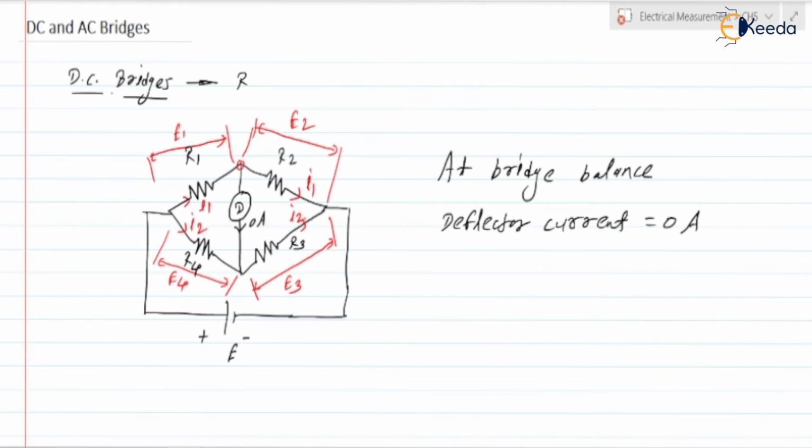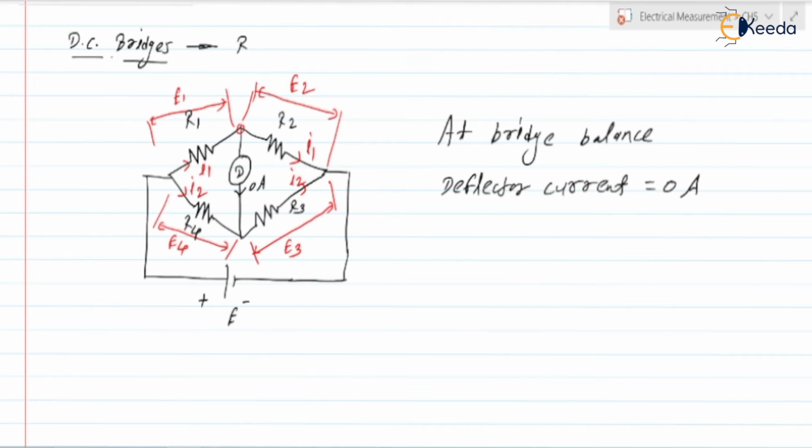Next, as deflector current is 0, what about the voltage across the deflector? It is 0, right? So potential difference between these 2 points is equal to 0. So can we say that if the potential difference between these points is 0, it means the potential at this point is equal to the potential at this point.